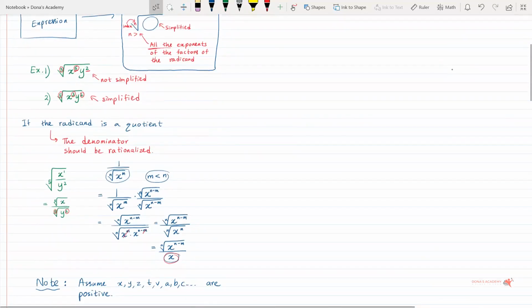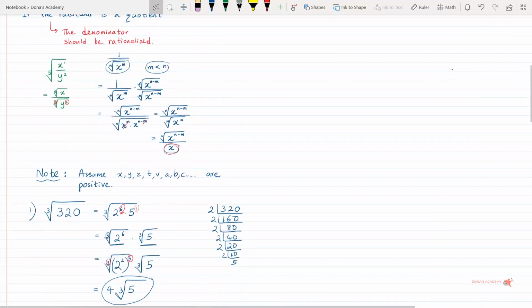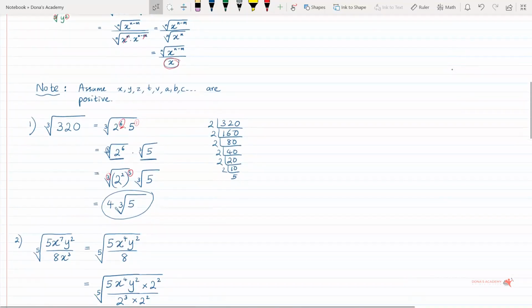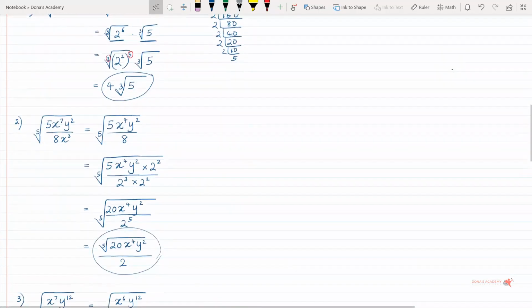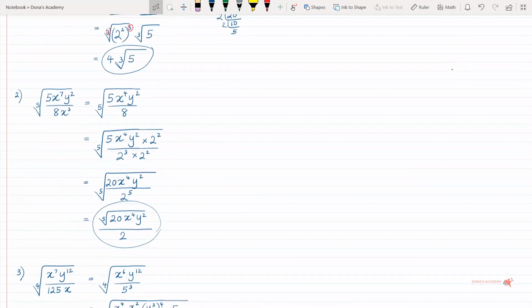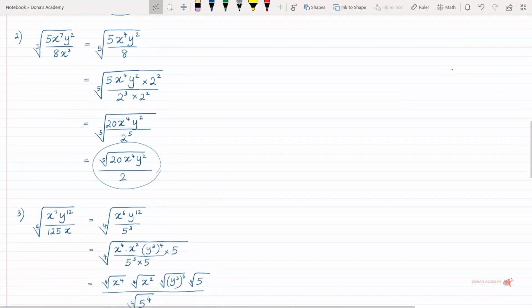We can use this trick to rationalize the denominator. And we talked about simplifying numbered radical expressions. If we have just a number inside, you have to think about the prime factors, and then we considered a couple of examples for simplifying expressions.